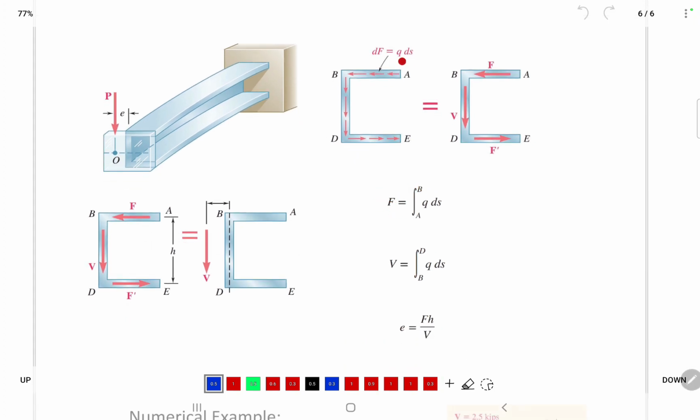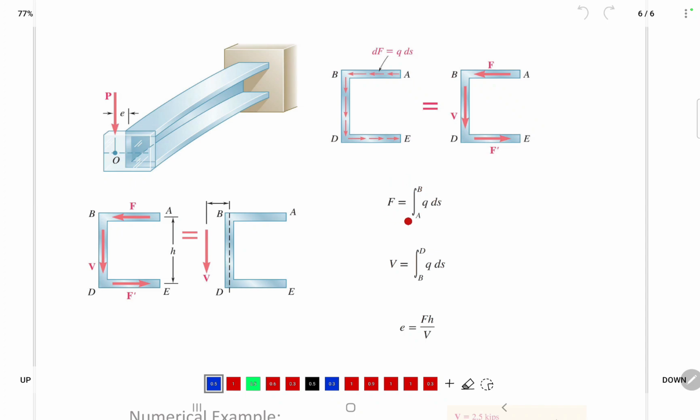Now, the total F is the integration of Q, the shear flow, ds, where ds is the length of an infinitesimal element, from A to B. So now this force is this part.